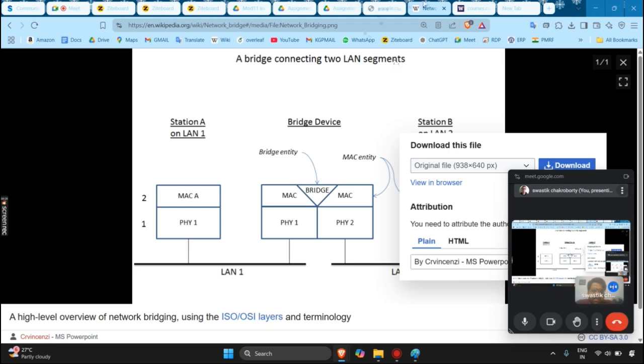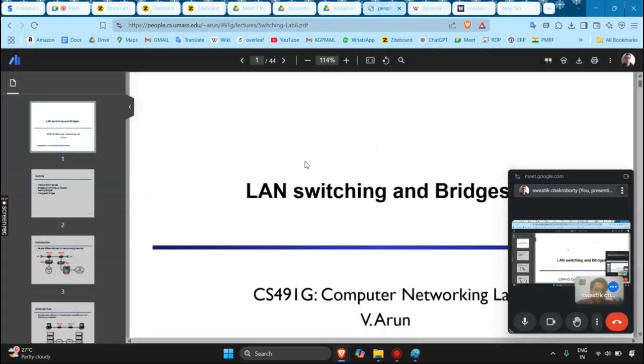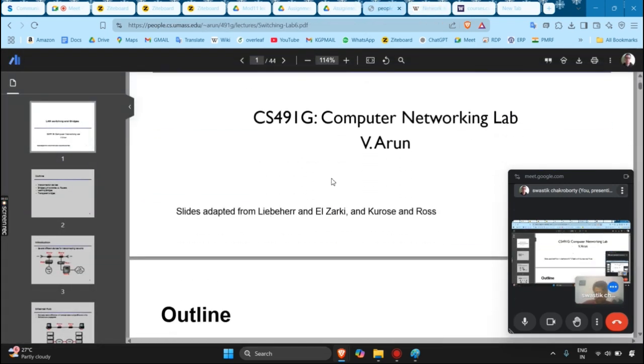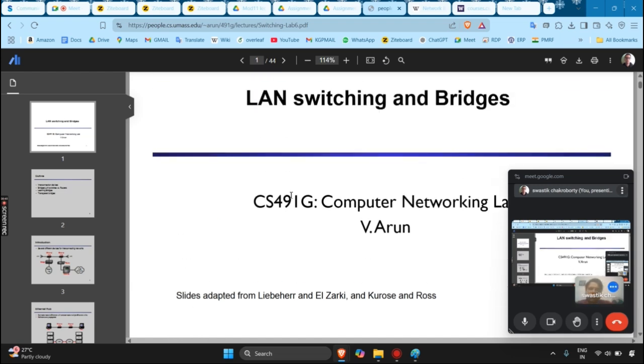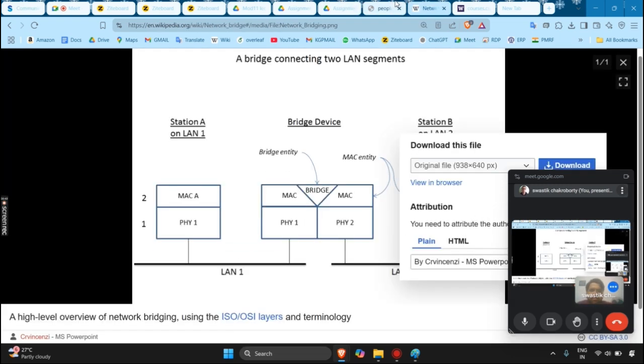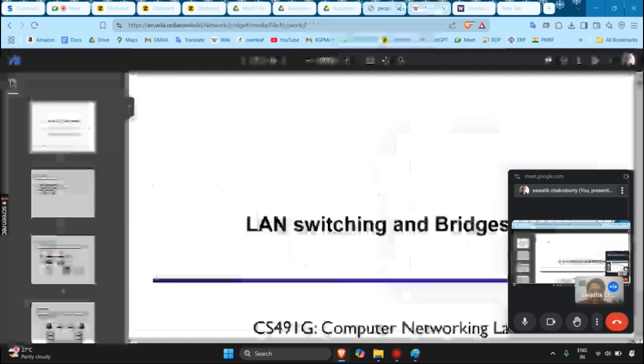This is the PHY layer. Now we come to the next question: how are these MAC layers bridged?